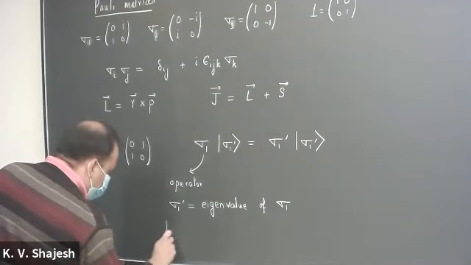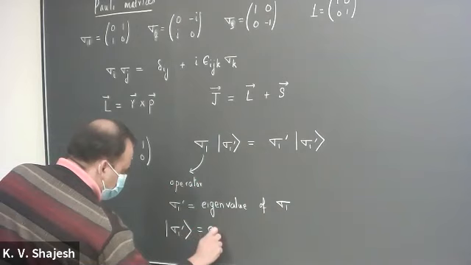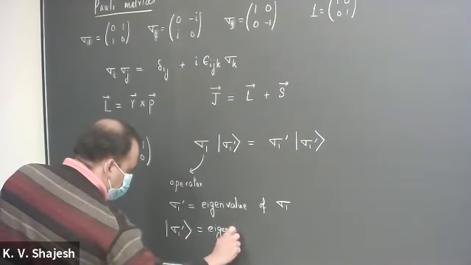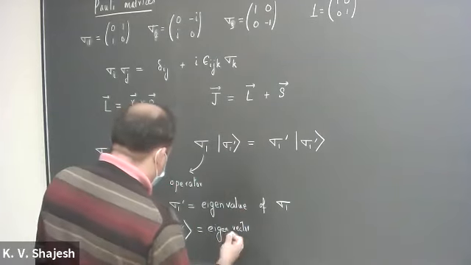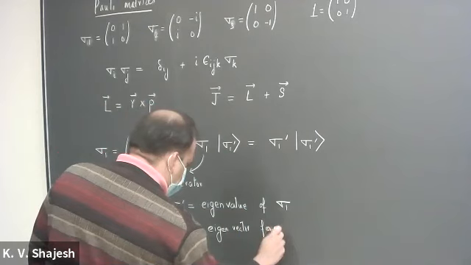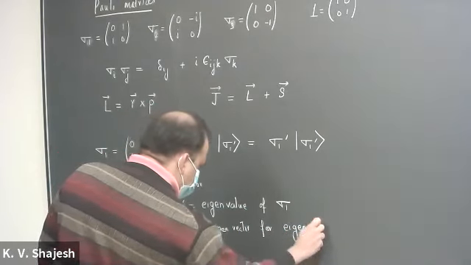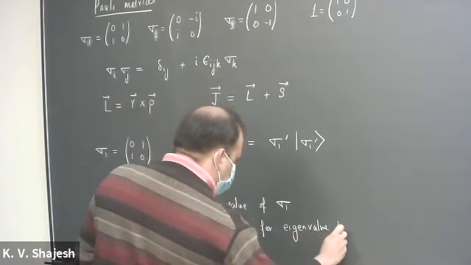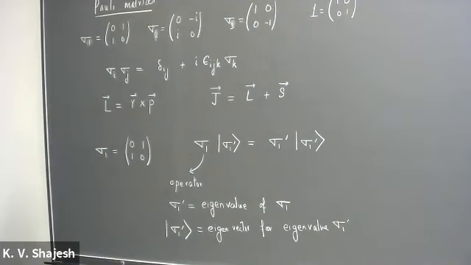And this will be the eigenvector for the eigenvalue sigma 1 prime. Okay. Any questions at this stage?